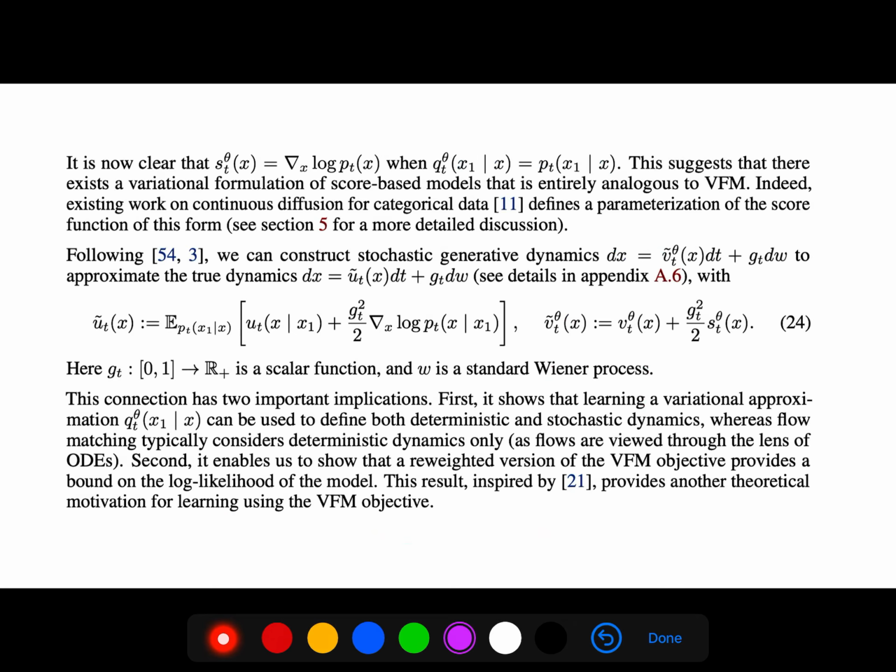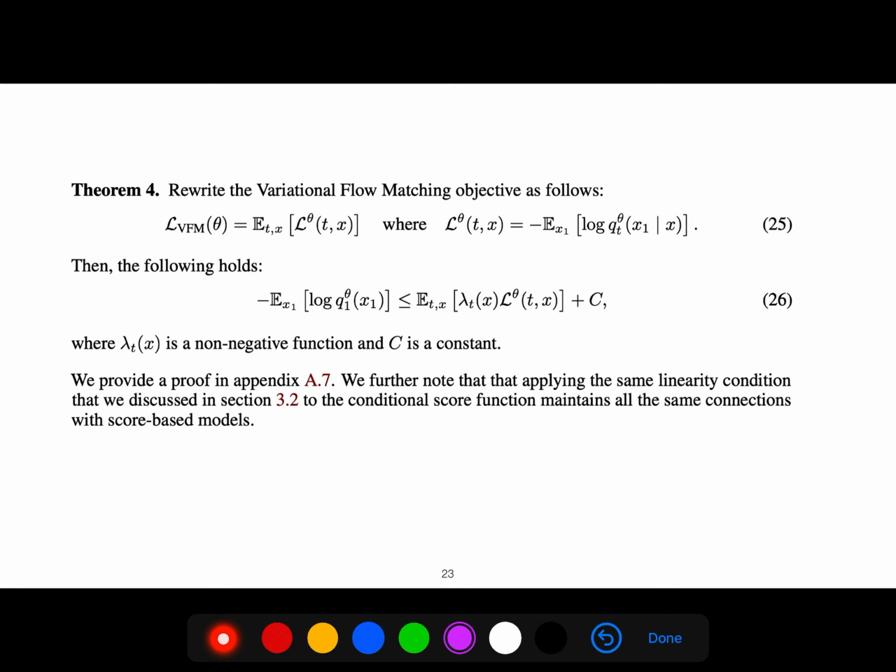So we can construct stochastic generative dynamics to approximate the true dynamics. We will rewrite the variational flow as the expectation of log of Q. Then the theorem says that there is an upper bound to the log of expectation of log of Q_1, which is this one.